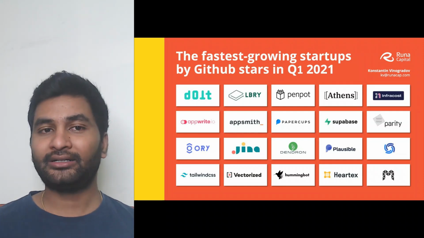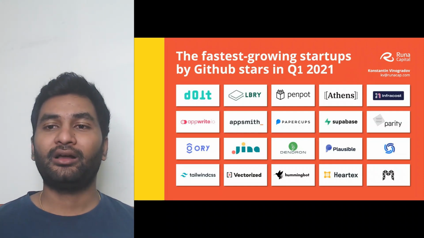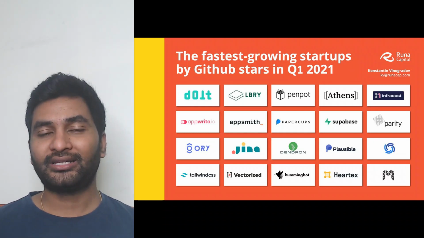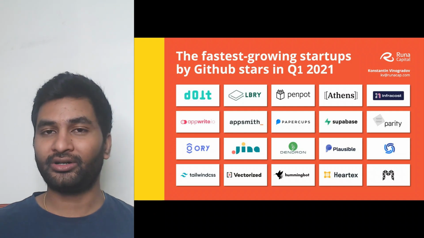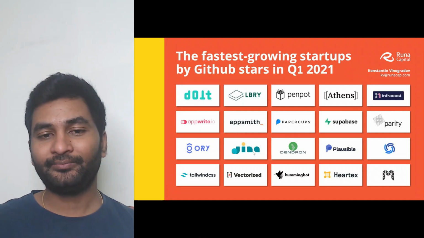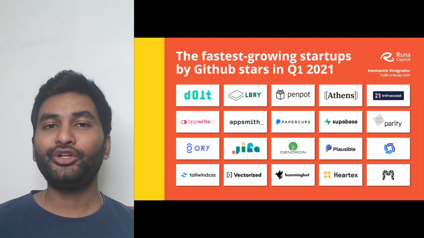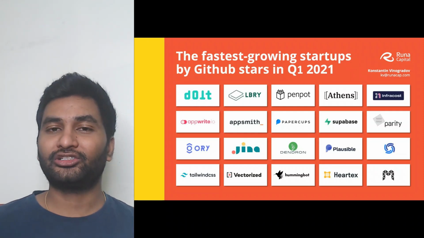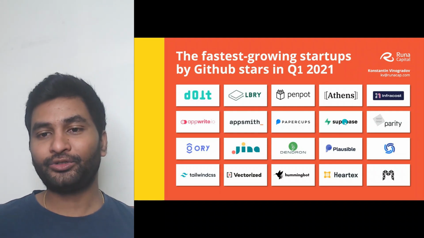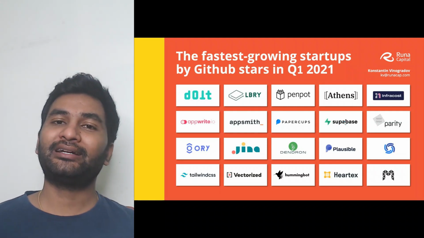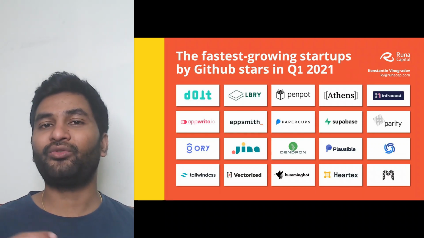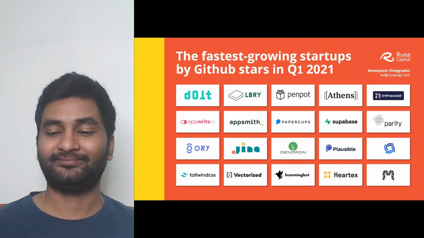So if you look at Runa Capital's report on the fastest growing startups by GitHub stars in Q1 of 2021, you can see that there's Jina.ai, that's a neural search library that's also growing in popularity, and Supabase is an alternative to Firebase. It's not exactly an AI company, but you get a sense of what you can make a course on.